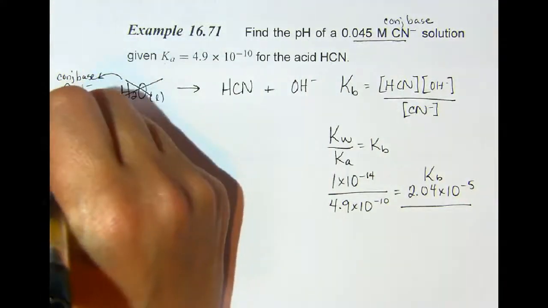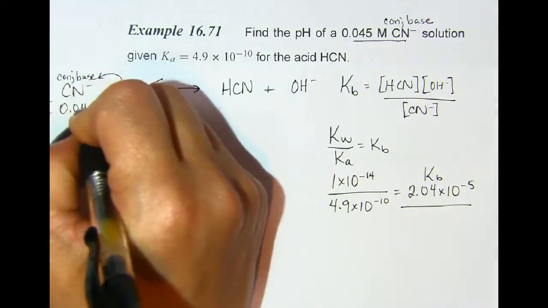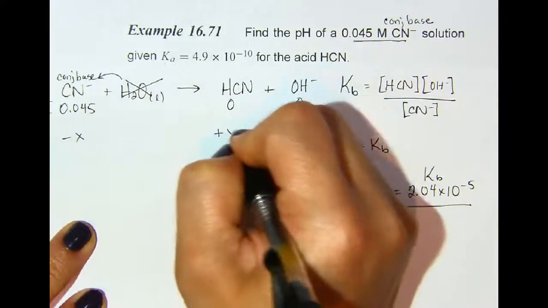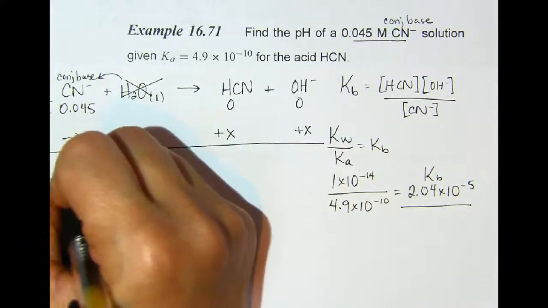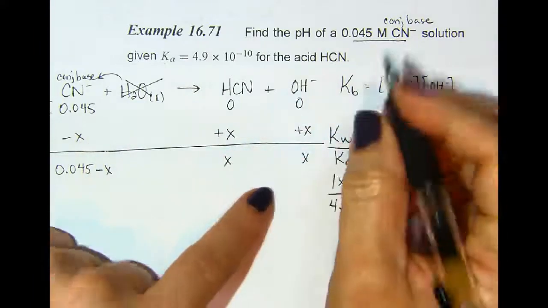So we're going to draw our ICE table, and initially we have 0.045 of this, 0, 0, minus x, plus x, plus x, and we're going to end up with 0.045 minus x, x.